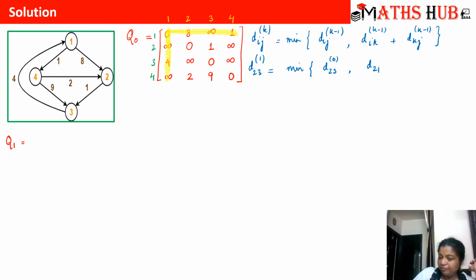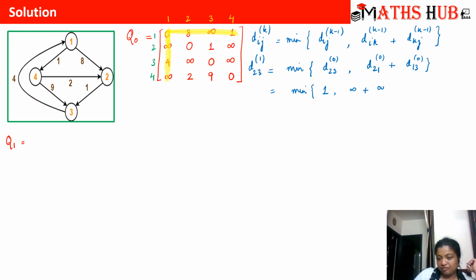So D21 in the previous matrix plus D13 in the previous matrix. Let us list down the values of these. What is D23 in the previous matrix? D23 is 1. And what is D21? D21 is infinity, plus what is D13?